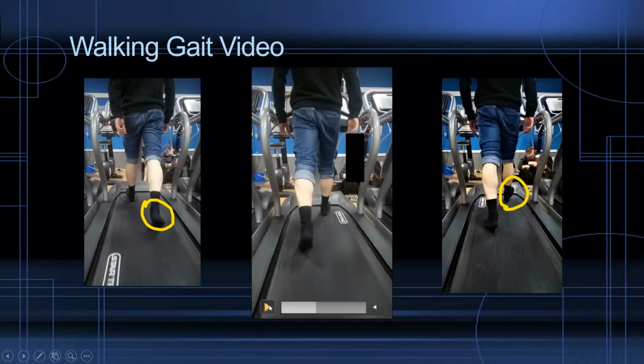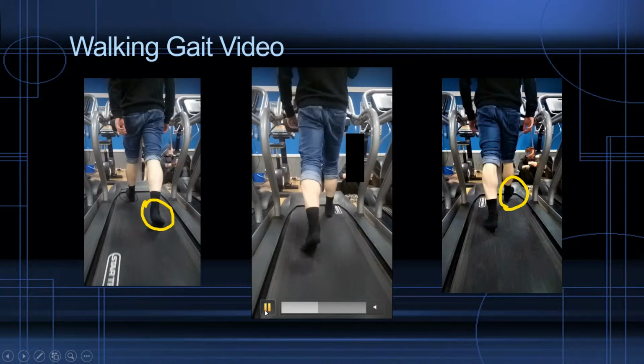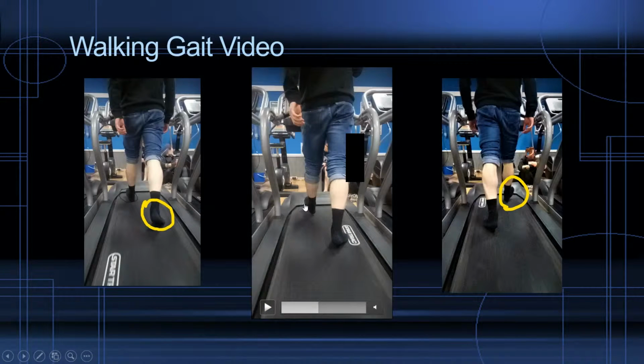But for the rest of the steps, if you look at how it lands and how the subject is taking off, the landing is in a diagonal position. So the foot is diagonal when it lands, therefore it's not hitting all of the foot, it's hitting into the outer side here.